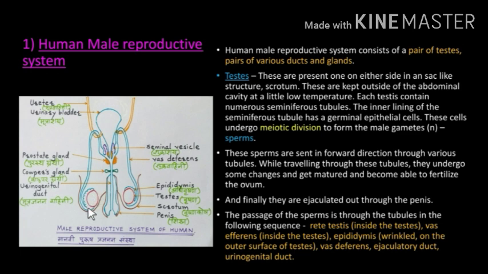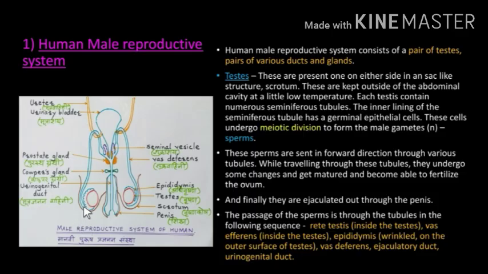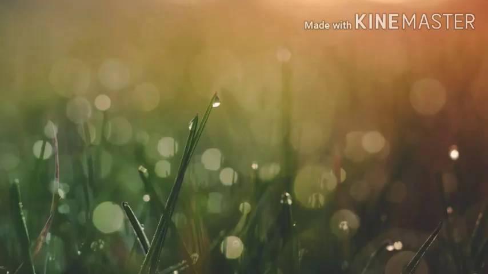Then the epididymis; the outer covering of the testis is covered with the epididymis, a folded structure. After that, the sperms enter into the vas deferens, then into the ejaculatory duct and finally into the urinogenital duct.